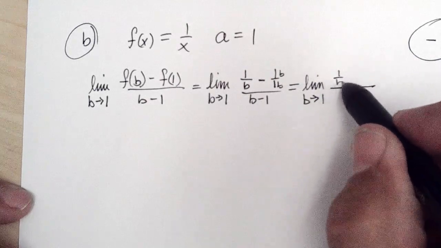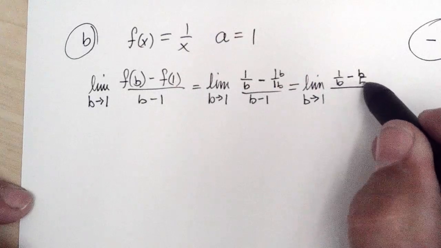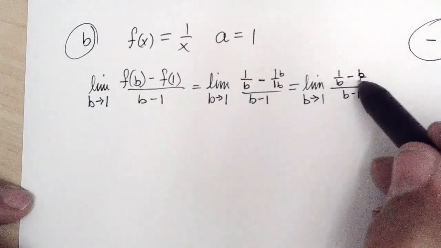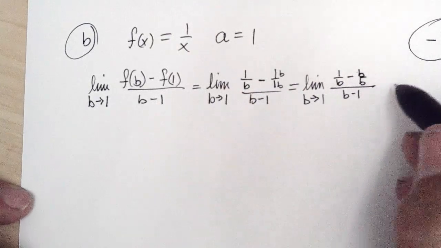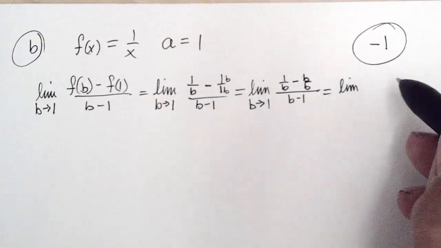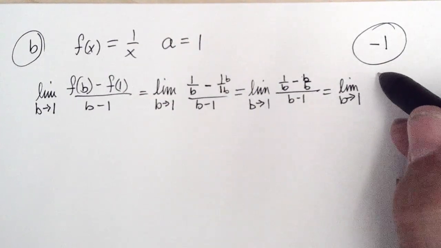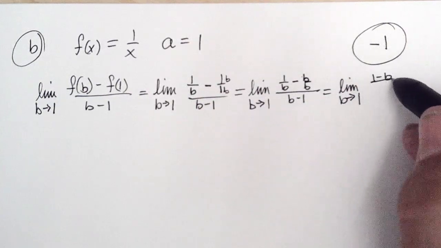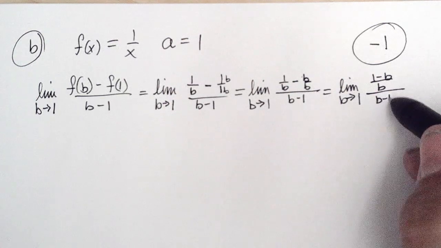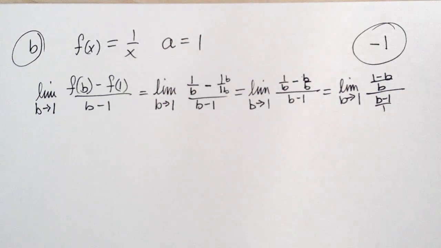1 over b minus b over b, minus 1. It has a common denominator, so I subtract the numerators and I get the limit as b approaches 1 of 1 minus b over b, divided by b minus 1, and that's the denominator there.